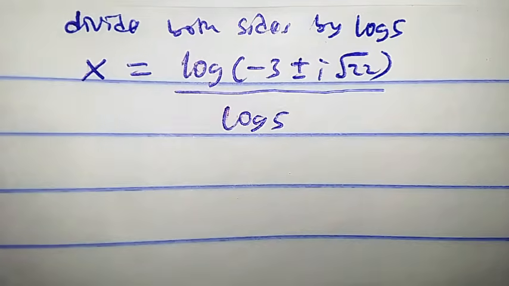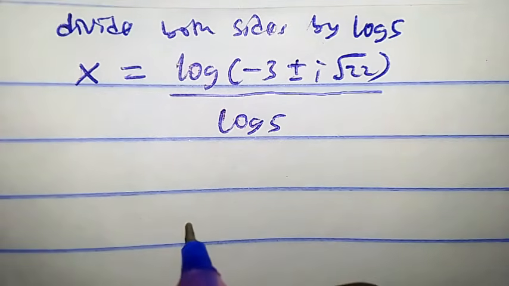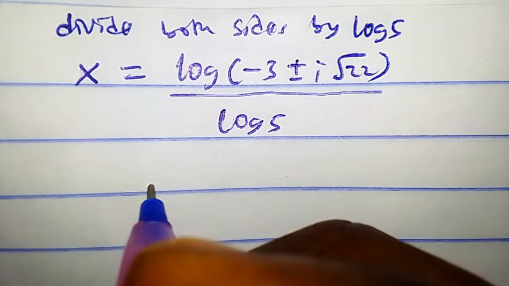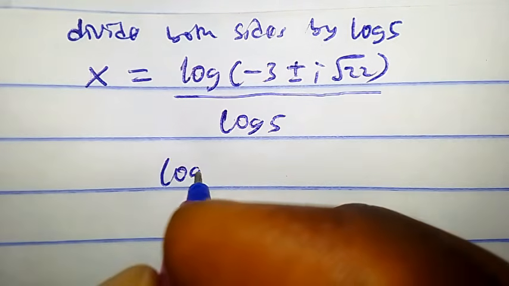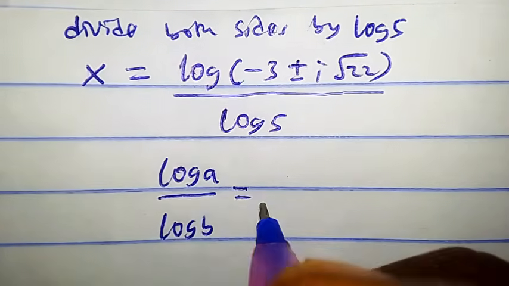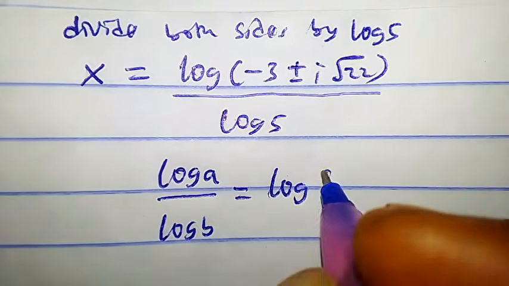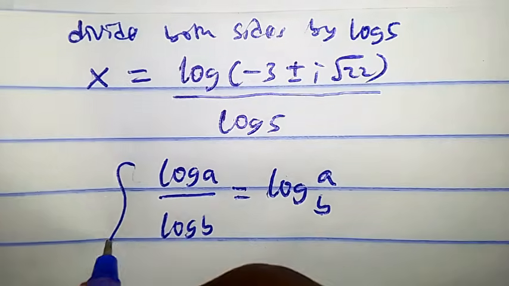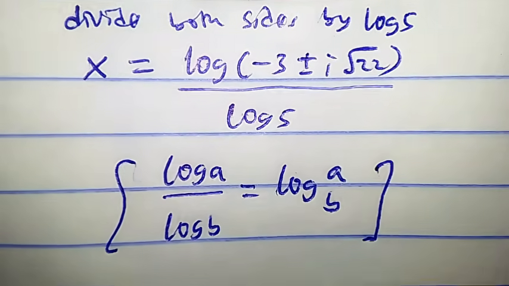Let's continue. At this stage, let's record this beautiful property. It says whenever we have log a over log b, this equals log a base b. Take note of this.